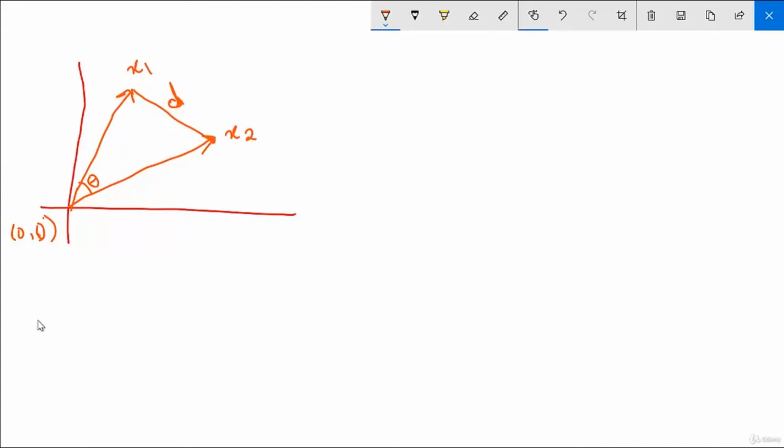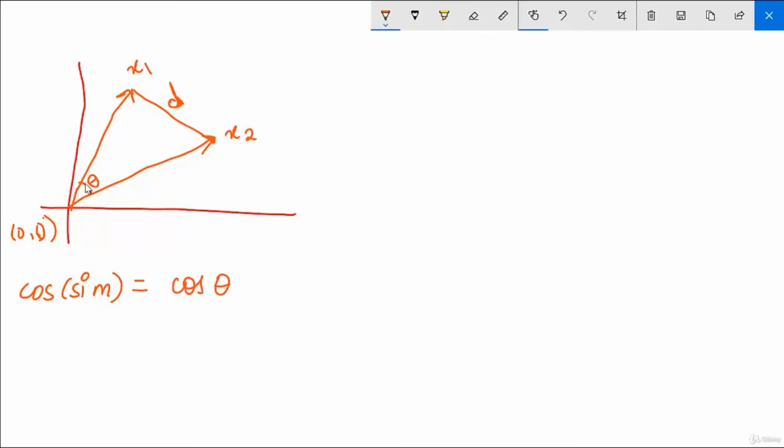So if I want to write it here, cos similarity equals cos theta. The angle theta is nothing but the angle between x1 and x2, right? So cos similarity is cos theta. Now guys, tell me one thing.